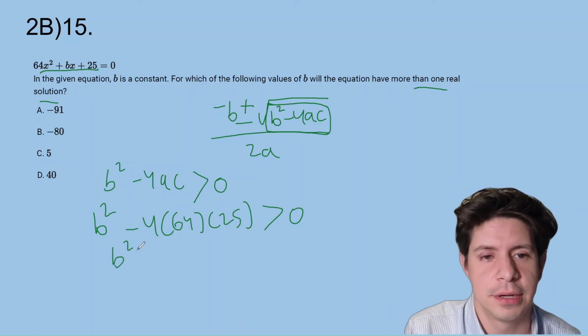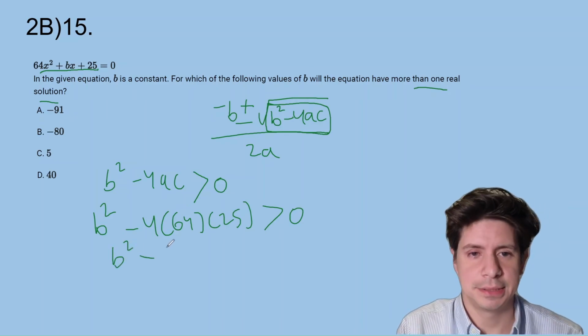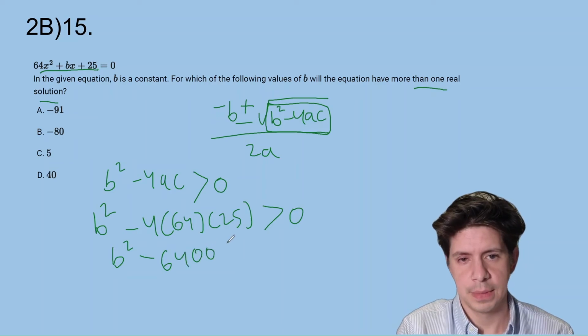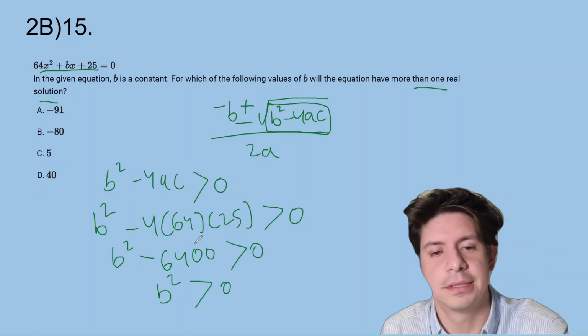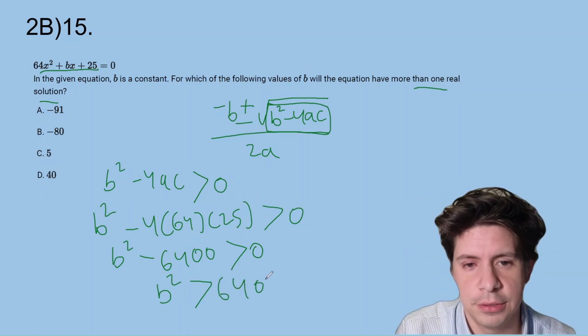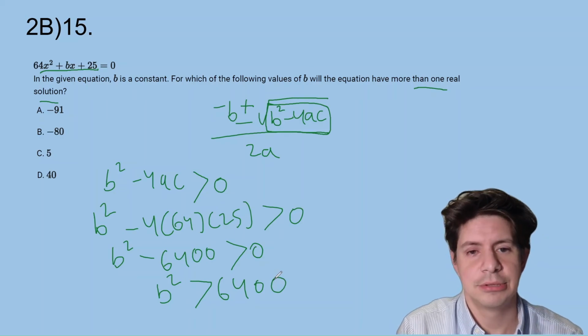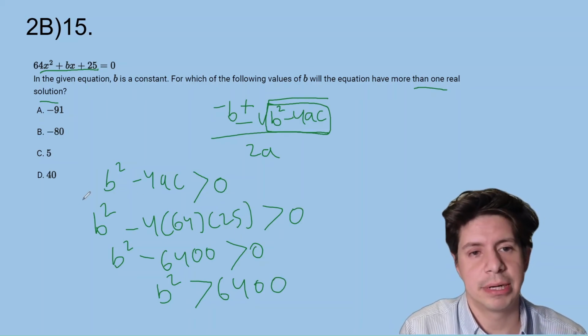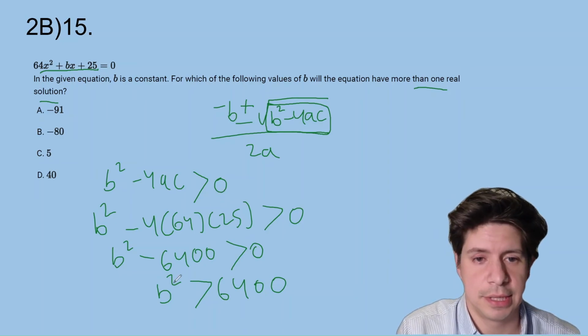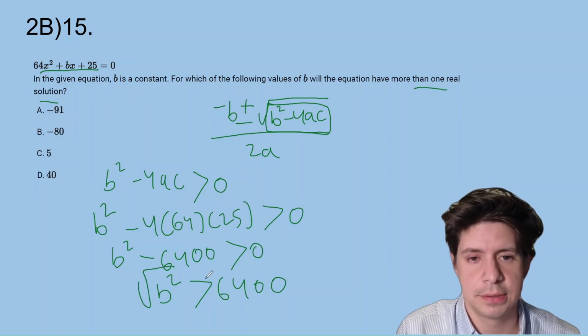So b squared minus 6400 is greater than 0. We add 6400 to each side. b squared has to be greater than 6400. So it could be anything where when we square it, we would get something greater than that. So we're going to square root both sides.